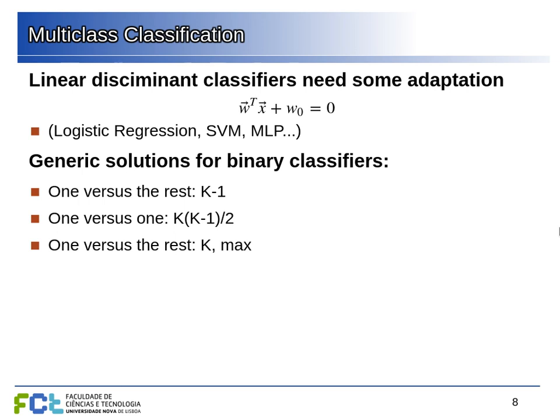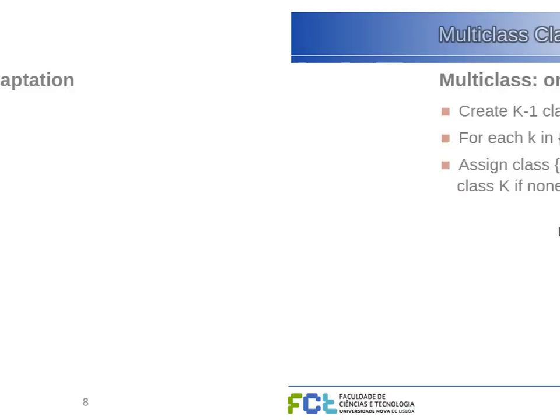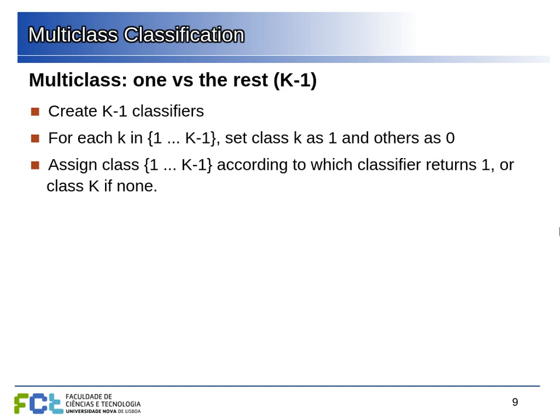So we'll start with one possibility, which is to train, if we have k classes, k minus 1 classifiers, and each one is trained to distinguish one class from the rest. So we have this for all classes except the last one, and the last one is the rest of all the others.